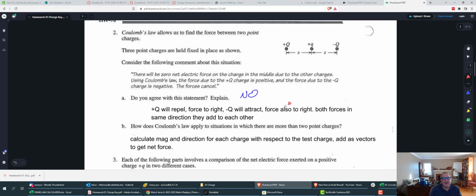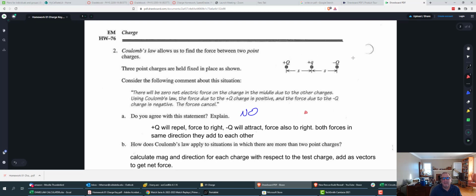Okay, what's next? So this one, right? It would seem that the capital Q's actually cancel each other out, but the F net will not be zero in the middle there. So both of them, like the plus Q will repel, and so when we look at this picture, we see that's going to be to the right, and a negative capital Q is going to attract, and we see that's also going to be to the right.